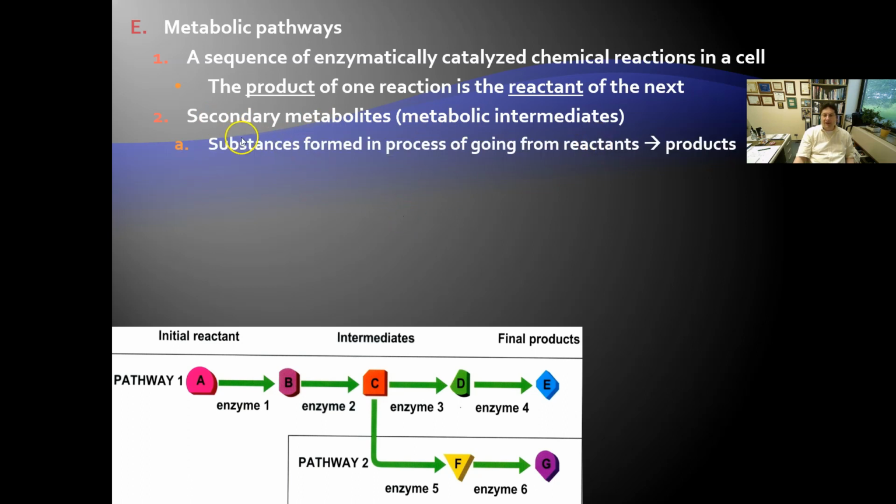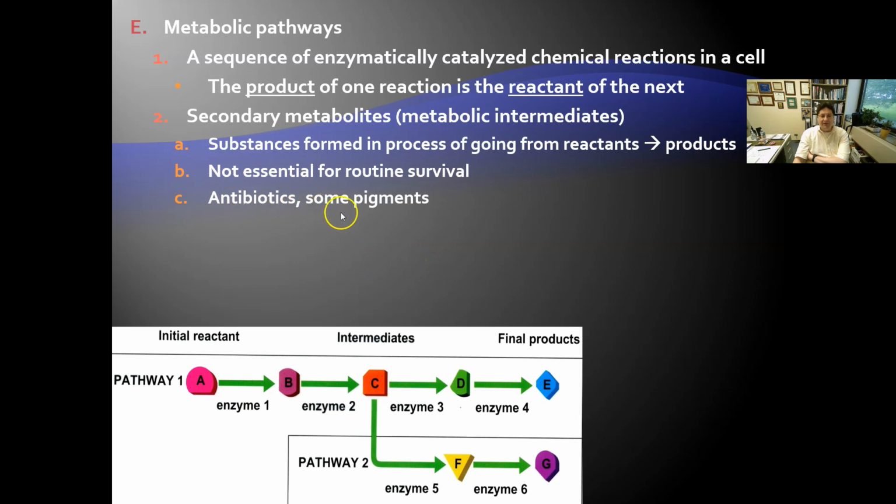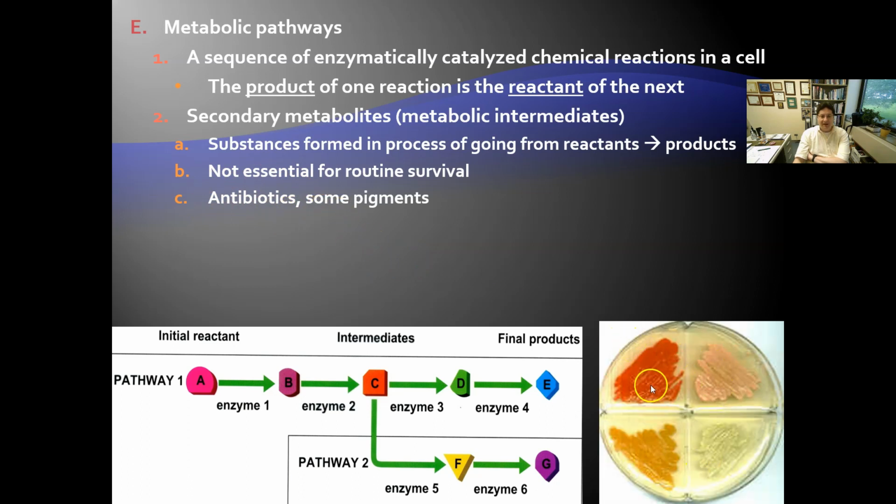These are substances formed in the process of going from reactant to product. They're not essential for routine survival, but they can provide some side benefits. For example, naturally produced antibiotics and some pigments, like this color we see in this bacteria, are secondary metabolites.